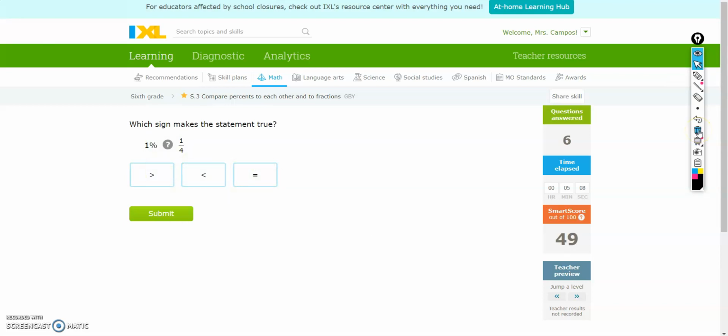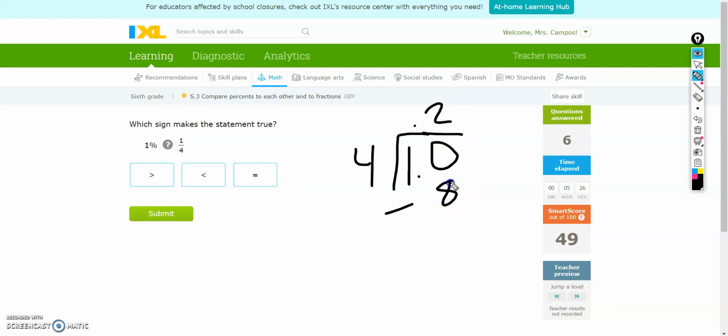All right, 1% and 1/4. 1/4 of $1 is 25 cents, so it's 25%. Again, you could divide it. I'll try to go quickly. We're going to need to add a 0. 4 goes into 10 2 times.